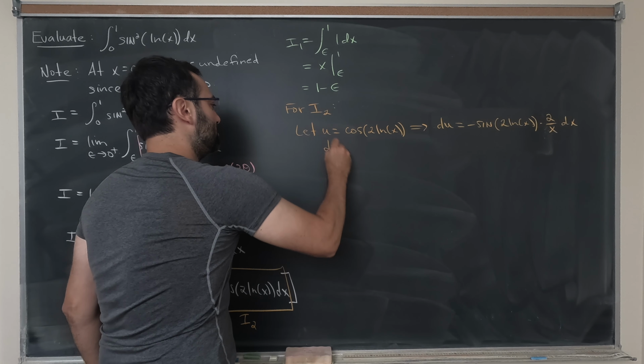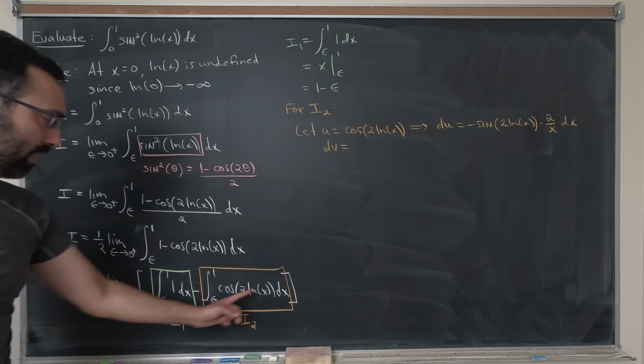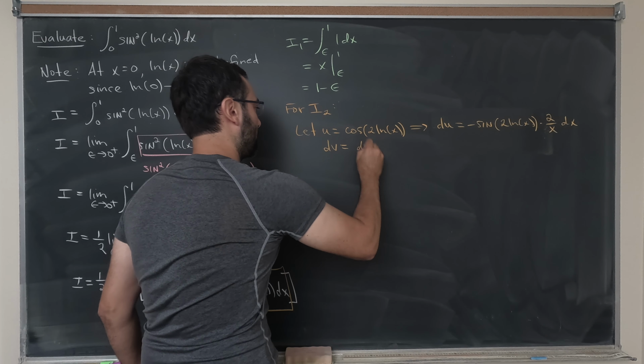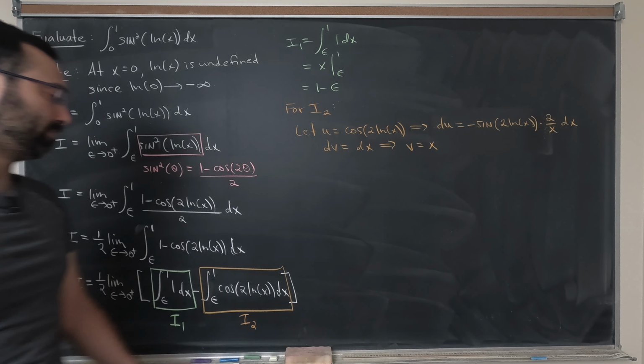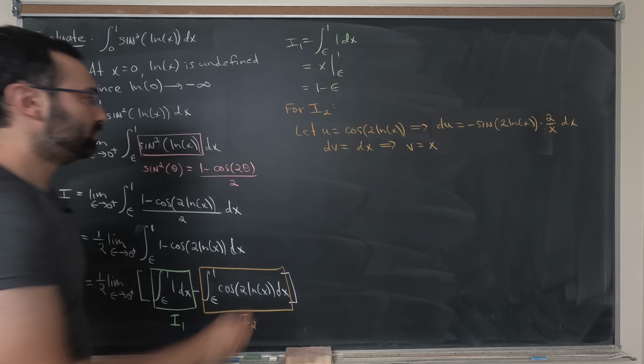And then we'll let dv be what we have remaining, so dx. So this implies that v is equal to x. Okay, great.